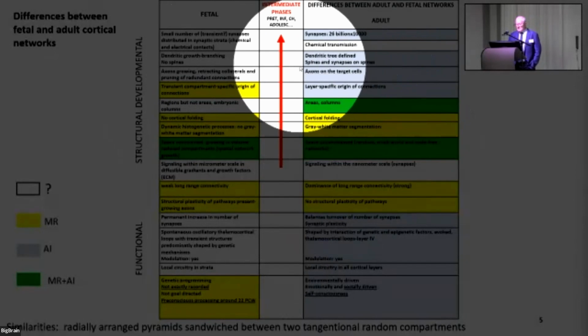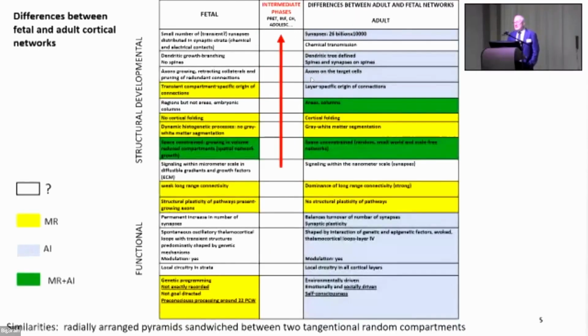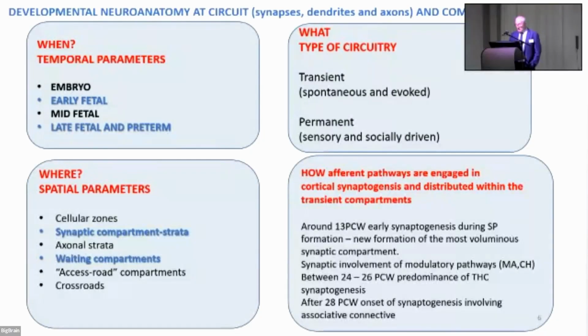And this red arrow means that in between you have enormous reorganization and development during the late preterm period, infancy, childhood, and adolescence. And what is white? White areas mean that we cannot approach them with magnetic resonance, and artificial intelligence has no approach to these issues.